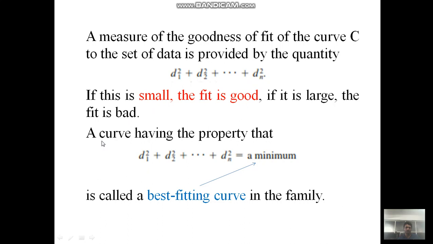So a curve having the property that d1 square plus d2 square and so on up to dn square is minimum, because if the error is minimized then our optimization is good, is called the best fitting curve in the given family of curves.